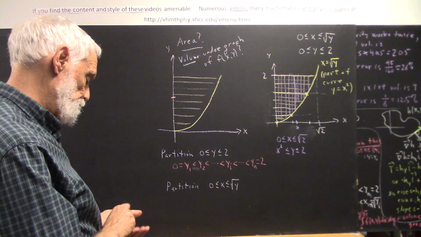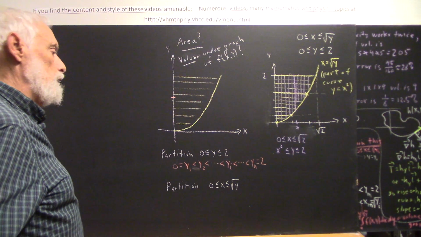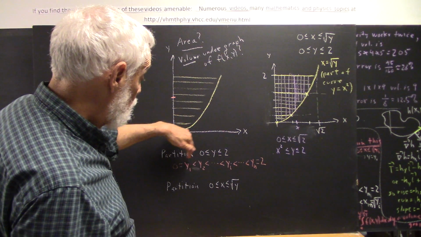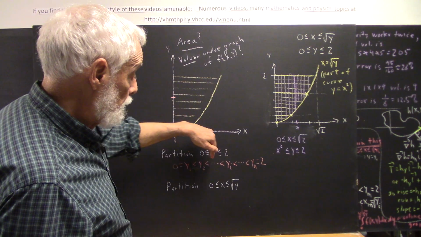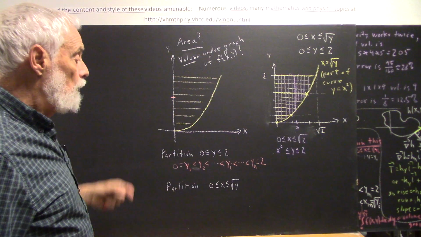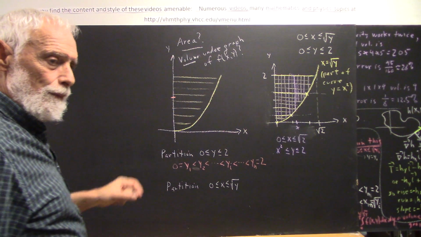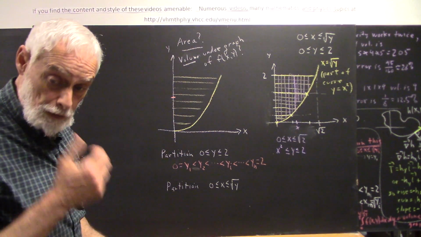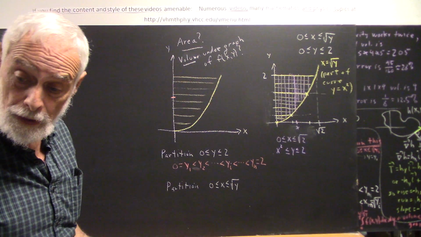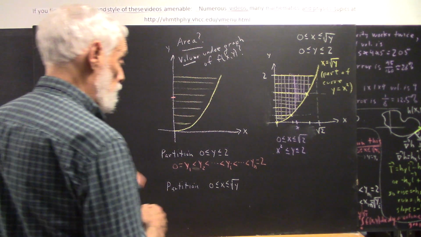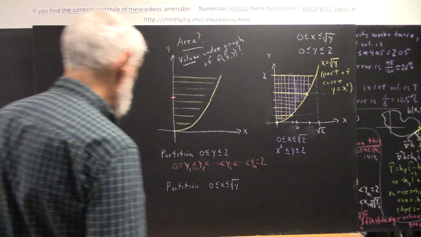Now, usually we're going to either use a uniform interval so that y2 minus y1 is the same as y3 minus y2, etc. So each interval has the same width, or at least we're going to limit the maximum length of an interval in the partition in order to set up an integral, again, in a way that should at least jog your memory of something that you did in first year calculus.